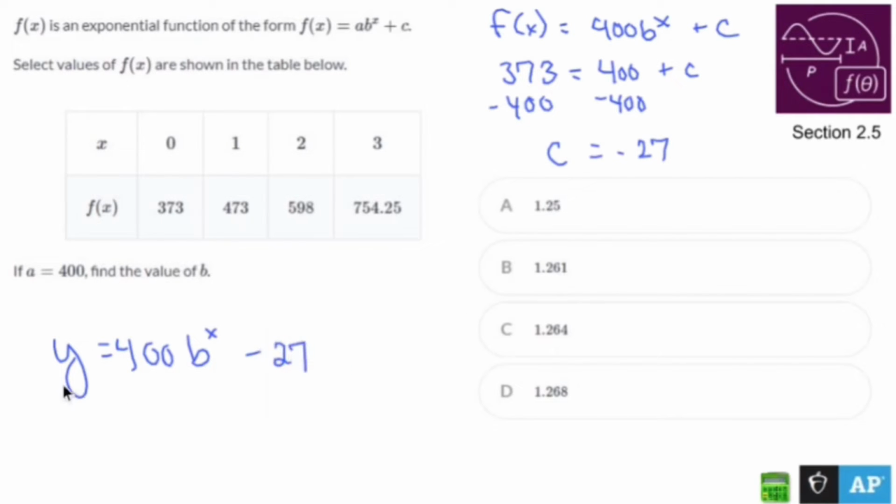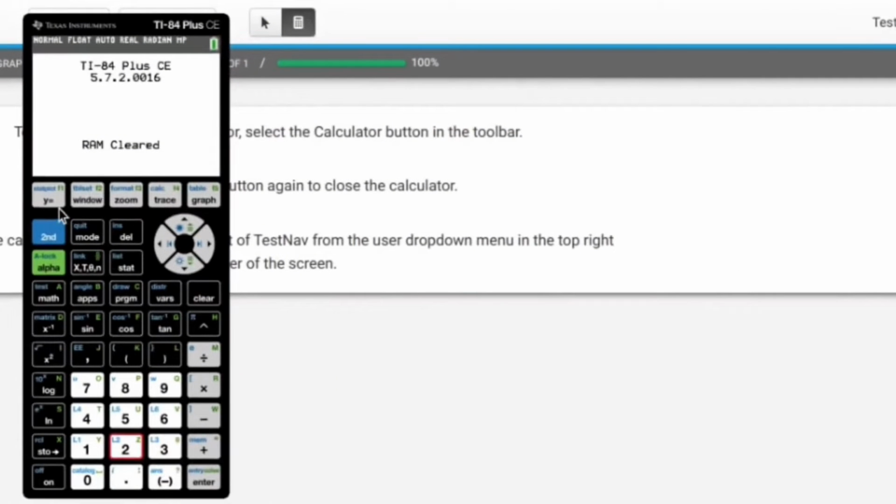What I'm going to do is take all of these b values, plug them into my calculator, and test out 400 times 1.25 to the x minus 27 and see if that matches up. If it doesn't, then I'll plug in the next one for b and try it out. So let's test out A to make sure that A works. The equation that I'm going to use for A is going to be that 400 that I was originally given.